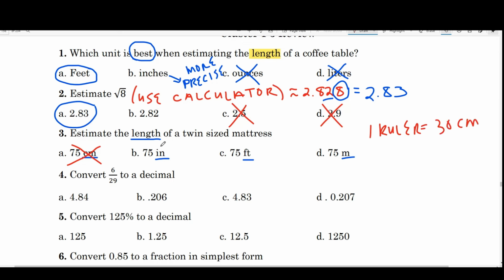So in the context of this question, 75 centimeters is about 2.5 rulers. And we know that if we laid two rulers and a half of one, it wouldn't be long enough to fit a twin size mattress.